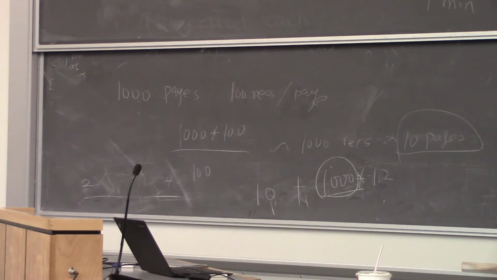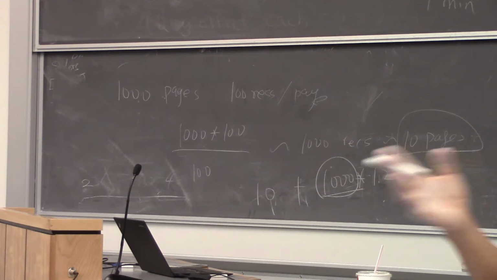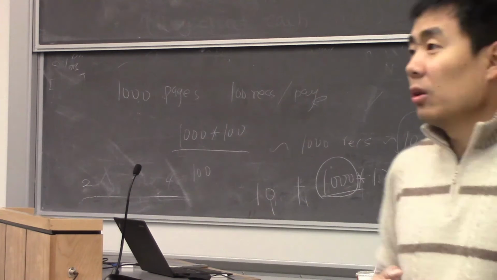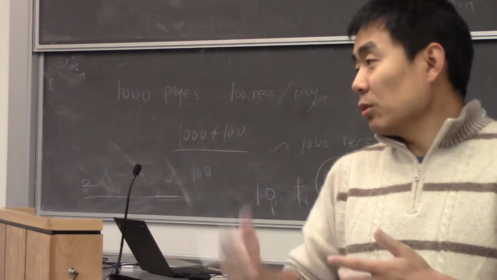If you have an index, maybe you can do this a little more efficiently, but the output size has to be 250 pages at least, because you have to pay this cost anyway. And since you have a hash index on SID, there's no sense doing the selection on rating first. You just do the join directly.